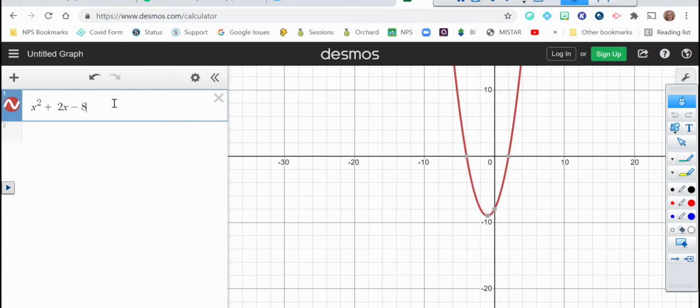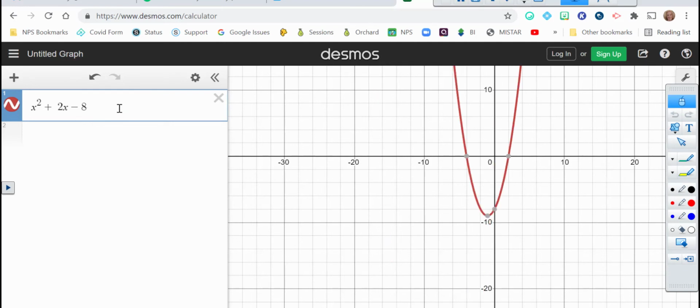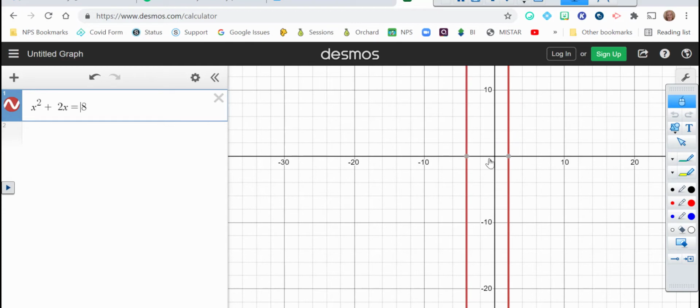Now, watch what happens when I graph the original equation. I just get my x values here. So if you want to graph the equation, you need to make sure that it looks like this form. But honestly, to find the solutions, you can leave the equation as is.